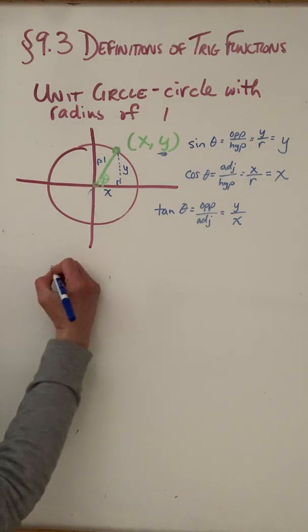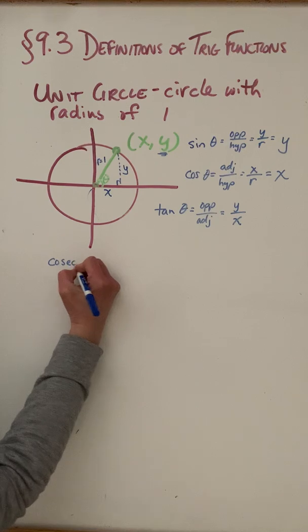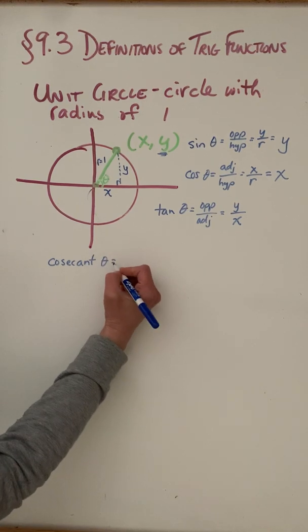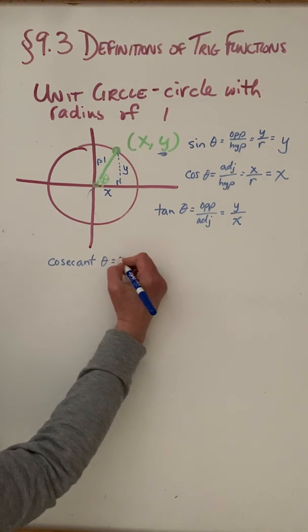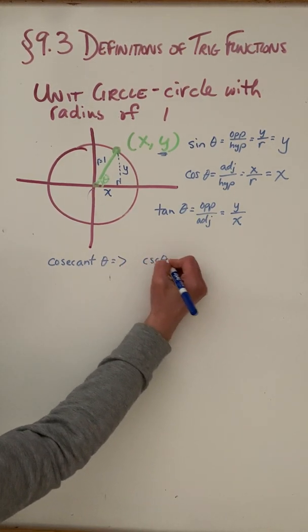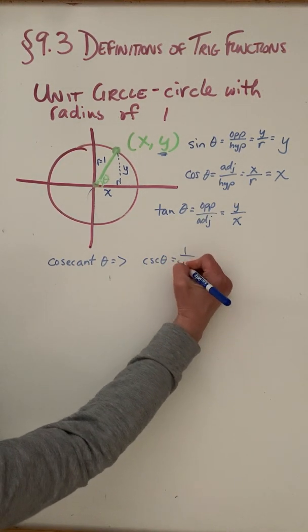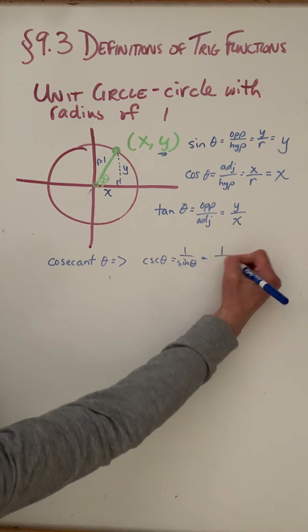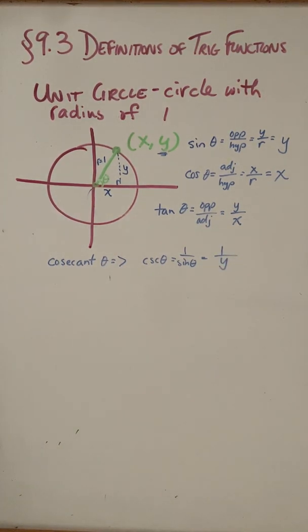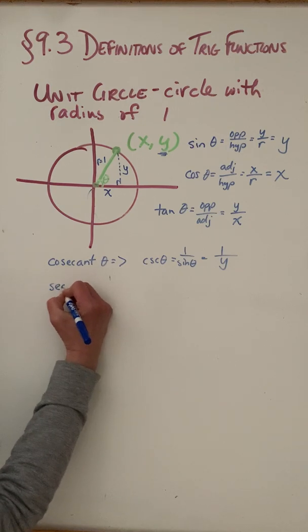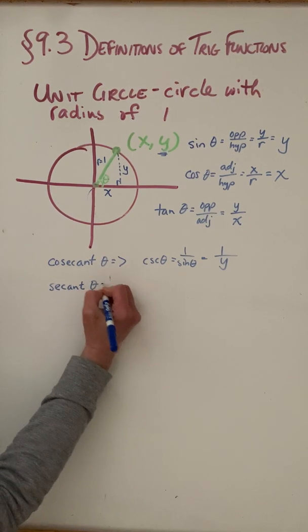We know that cosecant is the reciprocal of which trig function? Cosecant is the reciprocal of sine, right? So the cosecant of theta is just equal to 1 over sine, which we could define as 1 over y. The reciprocal of cosine is secant.